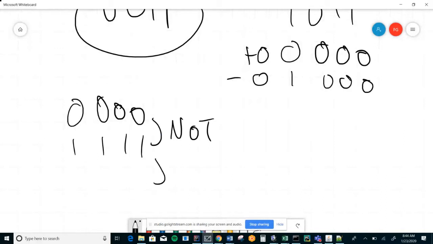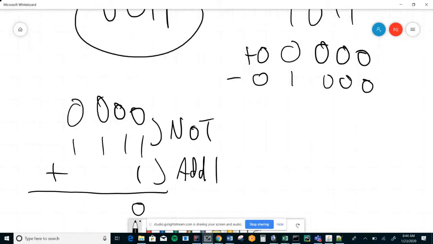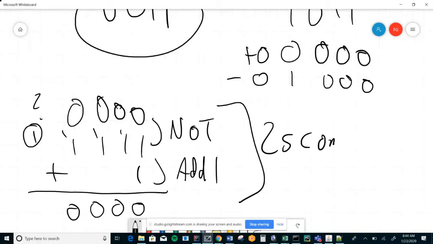The second step is to add 1. 1 plus 1 is 0, carry a 1. 1 plus 1 is 0, carry a 1. 1 plus 1 is 0, carry a 1. Plus 1 is 0, carry a 1, and too bad. This scheme is known as 2's complement.